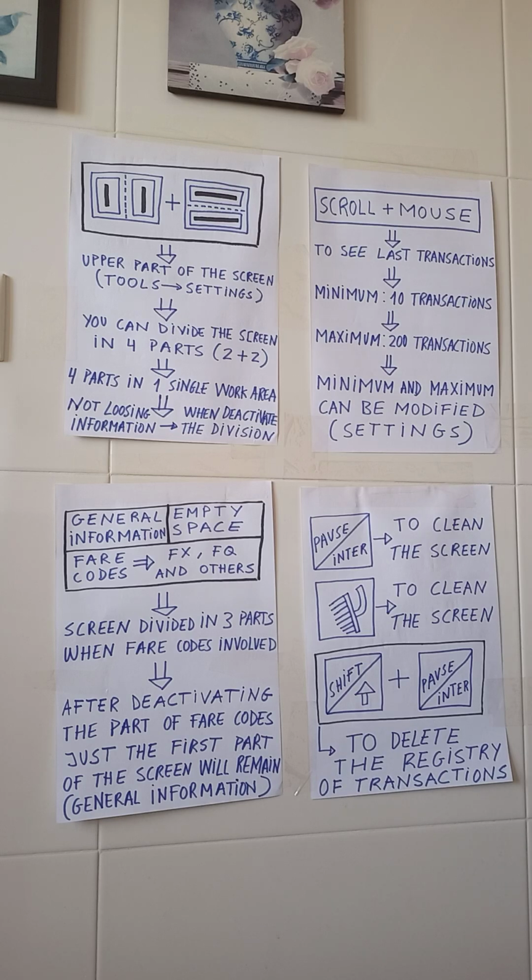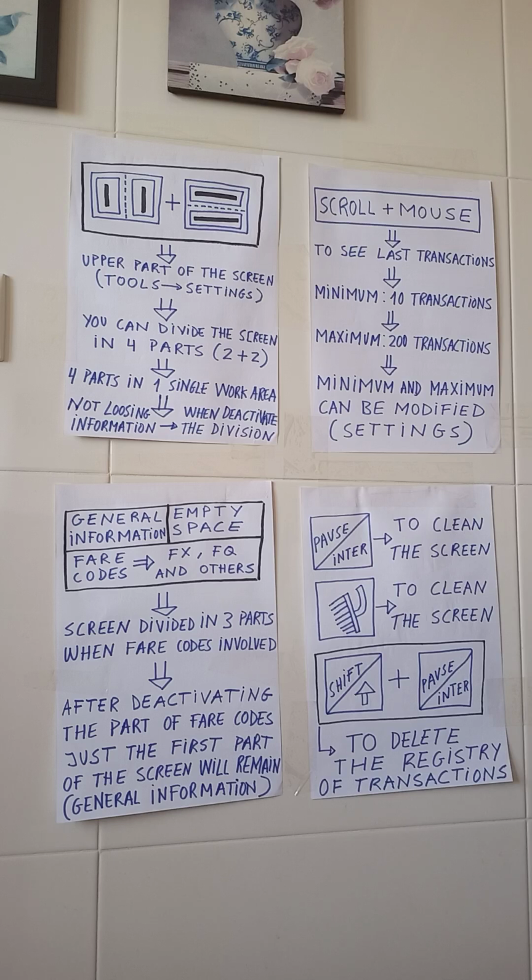Let's go for the third page, this page. On this page, I will talk about the possibilities offered by going up and down the screen using the mouse or the other options that in modern times have replaced the mouse.